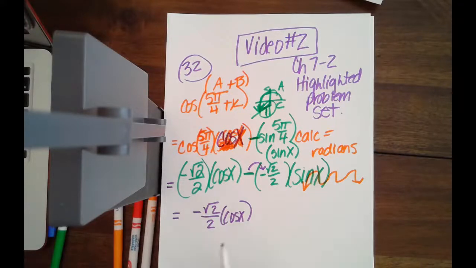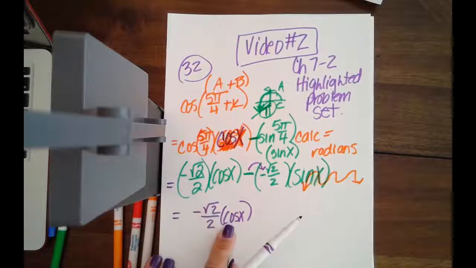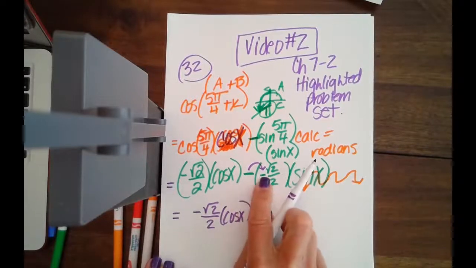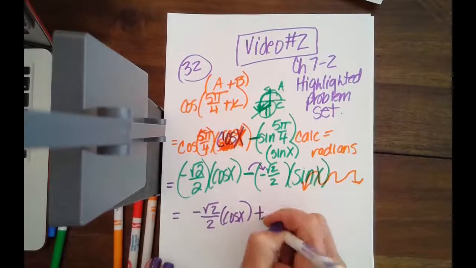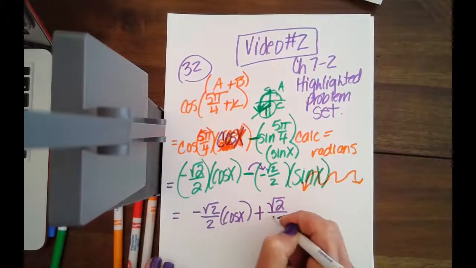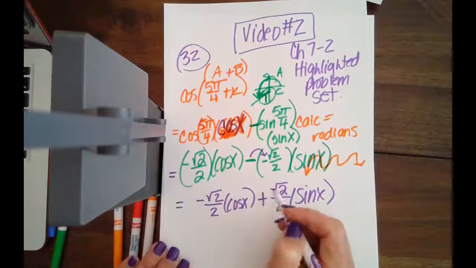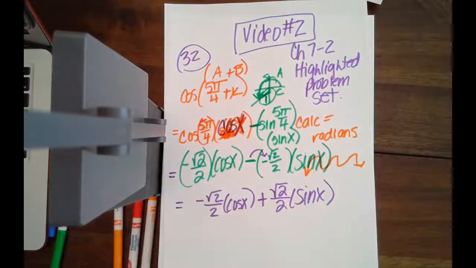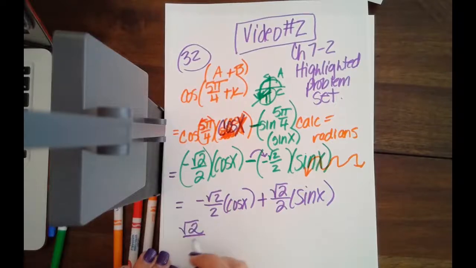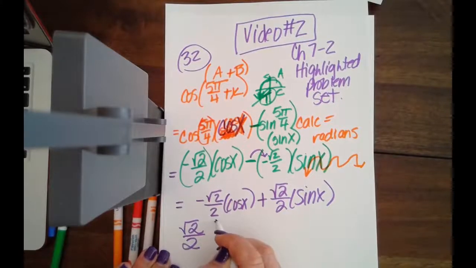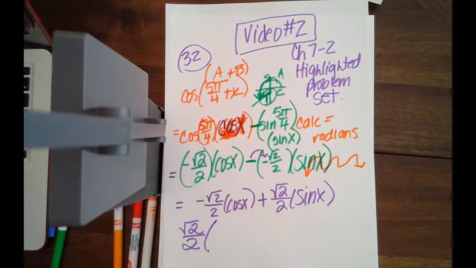Okay, let's go back. Negative radical 2 over 2 times cosine of x. Negative times a negative here, you're going to multiply that. That becomes plus radical 2 over 2 times sine of x. Now we're going to pull out our greatest common factor, and we're going to leave the negative. So let's pull out a radical 2 over 2. It's going to change the sign.